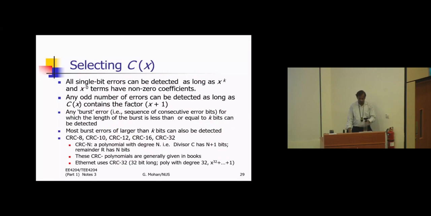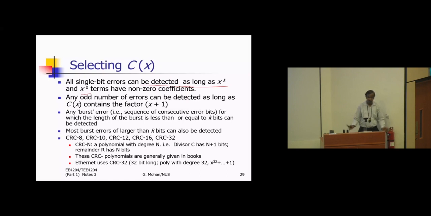So this slide shows how we can select the polynomial C. There are some guidelines. It follows theorems from the polynomial theory. Let's look at some. All single bit errors can be detected as long as the x power k and x power 0 terms are non-zero.